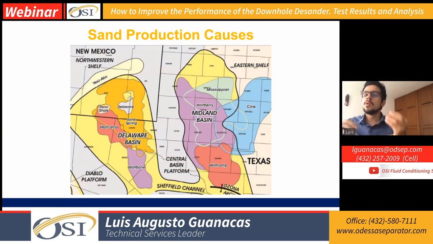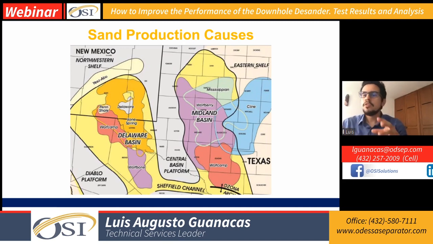So not only the way I drill each well is going to affect my sand production. As we talked initially, natural factors like the consolidation degree and the pressure are going to affect how critical my sand production is going to be. That's why I like this picture too, because it is an example of how critical my well could be if I'm drilling in the Wolfberry or maybe in the Delaware Basin.